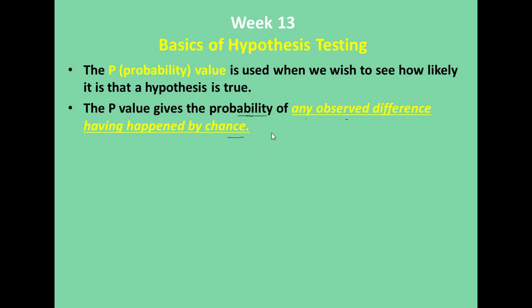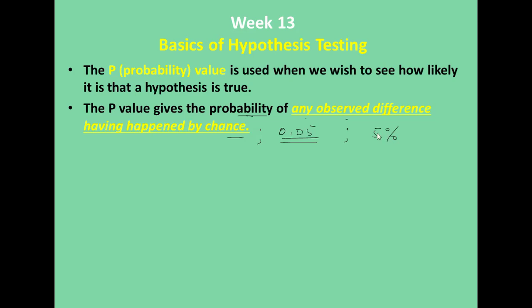Usually we would set our p-value at 0.05. The 0.05 will be a cutoff, which is basically 5%. If the probability that any observed difference happened by chance is more than 5%, then we can conclude that indeed what we are seeing happened by chance.